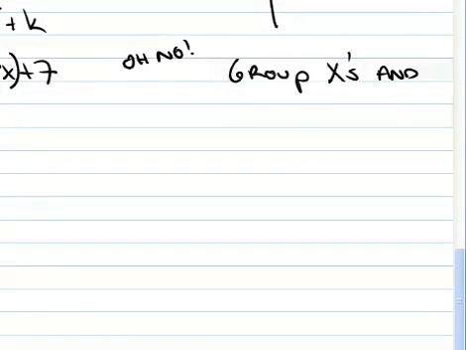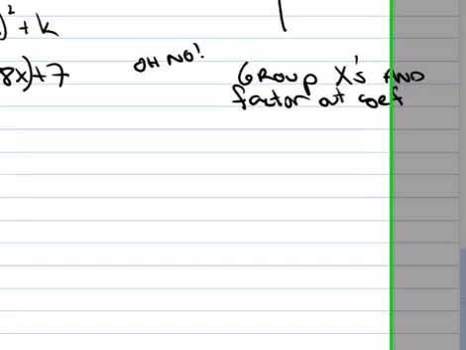Doesn't it, Sarah? Now it's got parentheses. The standard form has parentheses. We've made a step in the right direction. I'm going to group x's, and the other thing is that we do not want any coefficient with the x squared. So I'm going to have to factor this coefficient out. So I'm going to group the x's, and factor out any coefficient that's there. Okay?